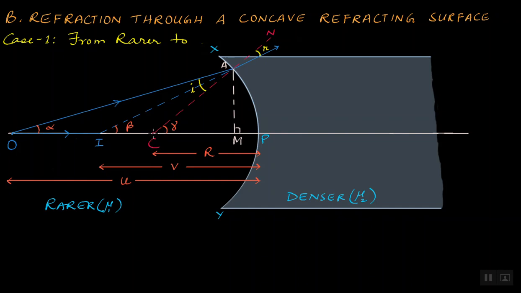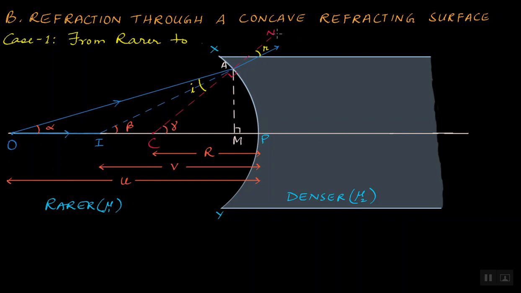So this line OA is the incident ray. C here is the center of this concave surface. So we join C to point A, that would be the radius. And we know that the radius always makes an angle of 90 degrees with the circumference. So that means this line AC is normal to the circumference.